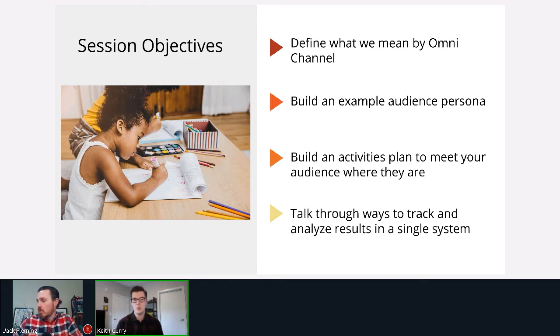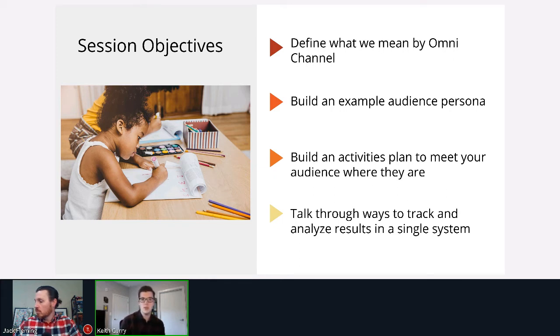An audience persona is a good way to break down your audience, to target it more, and to make it more realistic for an individual you are really trying to engage with your advocacy work.